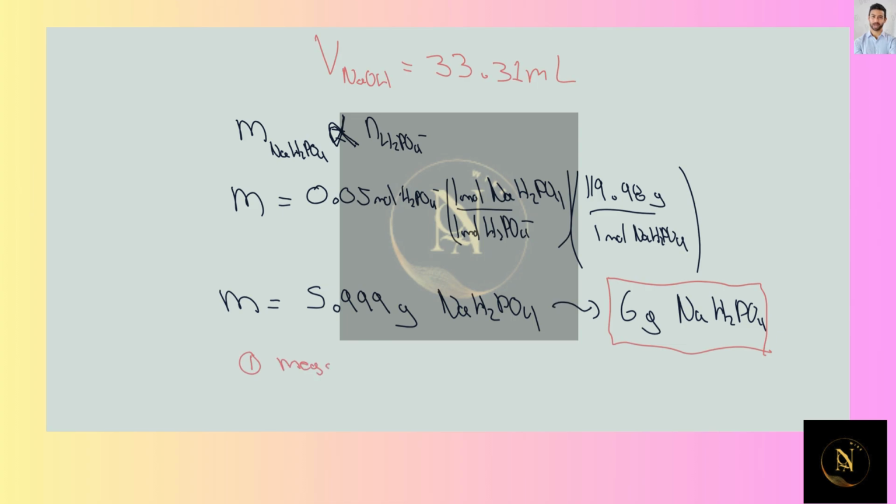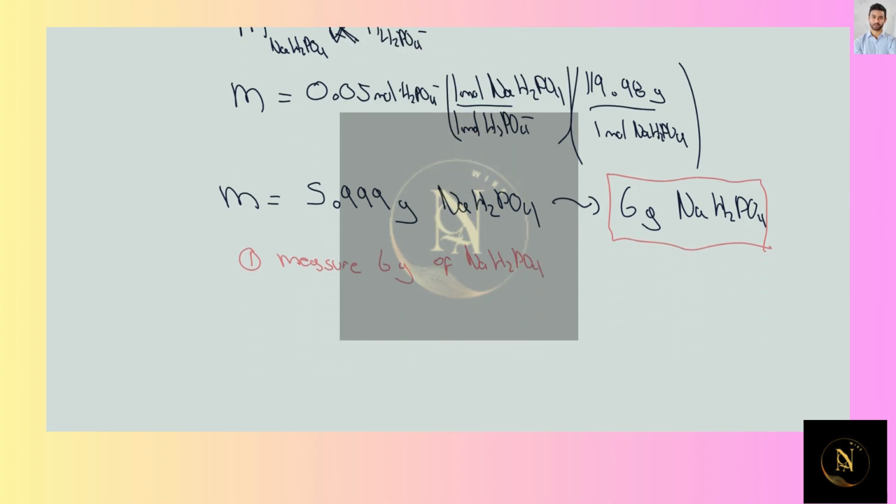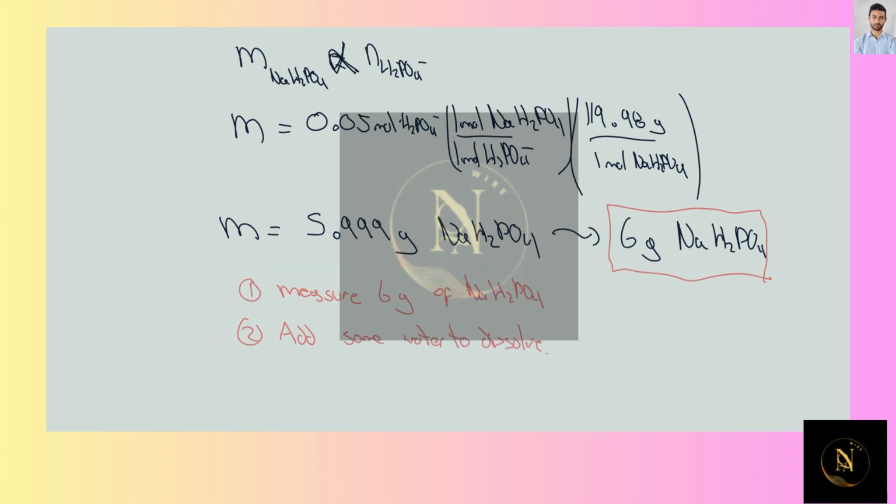Measure 6 grams of NaH2PO4, add some water to dissolve, but not too much water in order for you to be able to add the sodium hydroxide.